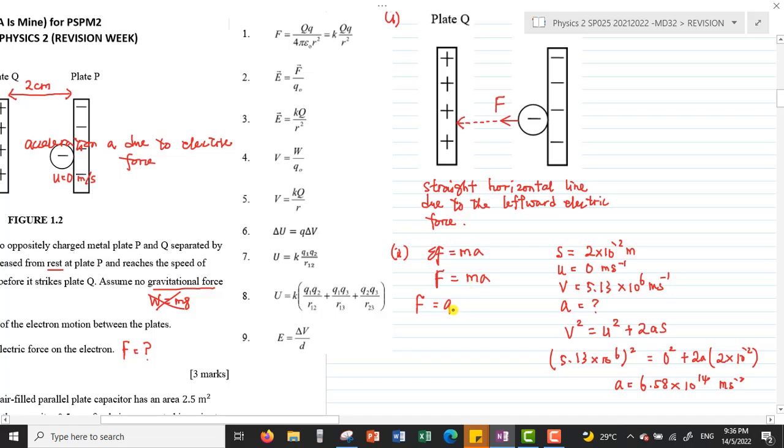The mass of the electron, you can get it from the list of constants, 9.11 to the power of negative 31, multiplied with the acceleration, 6.58 to the power of 14. So I'll get the electric force acting on the electron will be 6 to the power of negative 16 Newton. Then we solve question number 2.